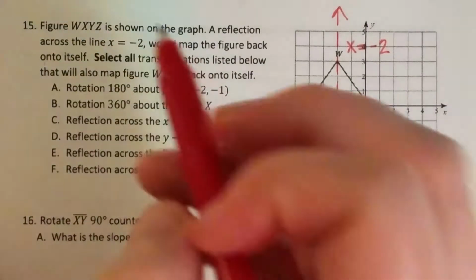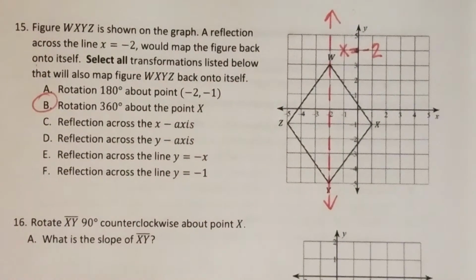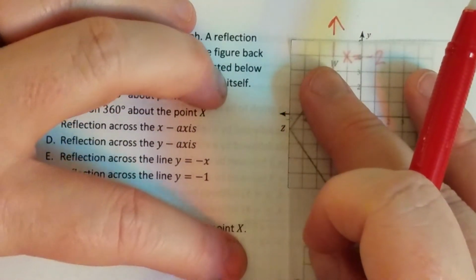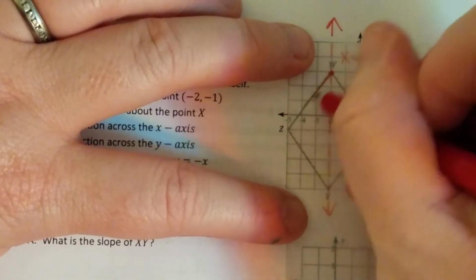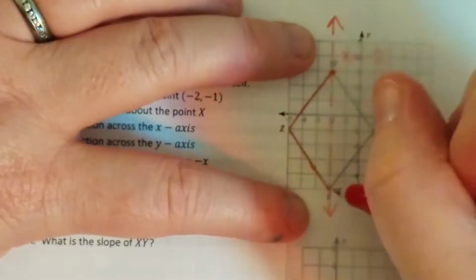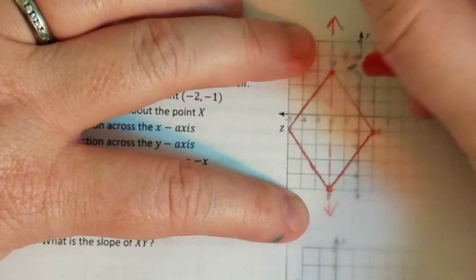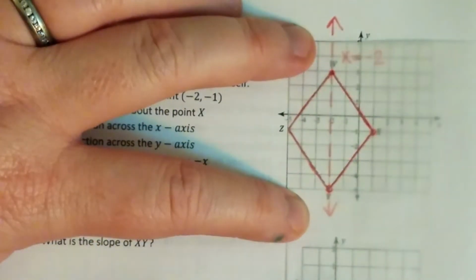Right off the bat, this is in your notes, or it should be, rotation about any point will always map a figure back onto itself. So if I just use an example here, I'm going to do a quick sketch of this figure using my patty paper. And if you haven't invested in some patty paper or some tracing paper, vellum, they sell it at art stores, and it really comes in handy when you're practicing transformations.